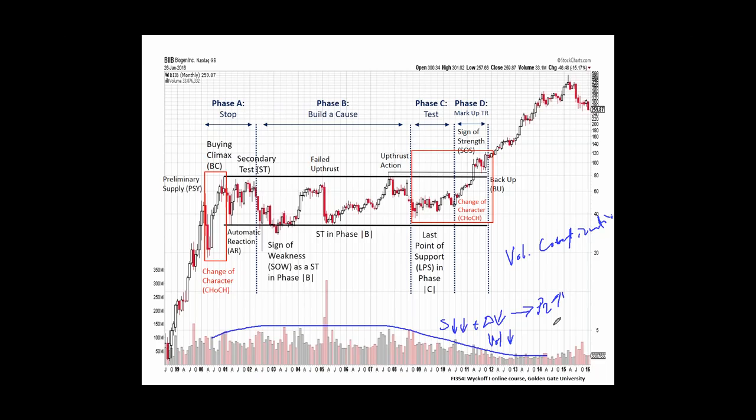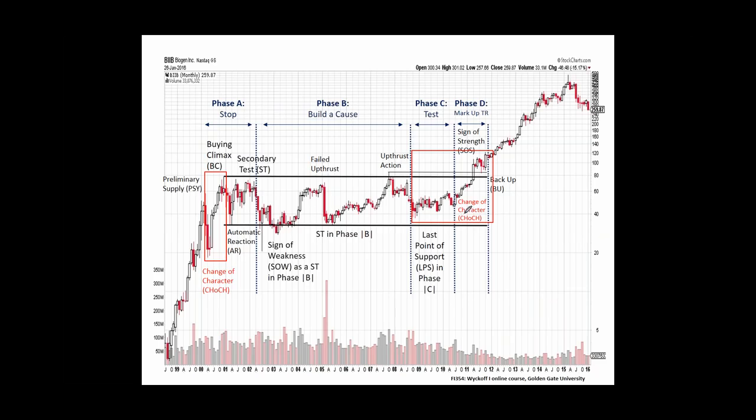So you have to think about contraction of the supply as an opportunity for low quality demand to push the prices up. There is no way that the price can go lower. If it's going to go lower, what are big institutions going to do? They're going to buy more. They're going to support the stock more. And once there is enough supply in their hands, even a small demand can push the price up.